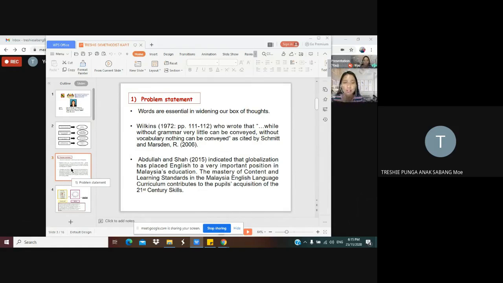Abdullah and Shah indicated that globalization has placed English in a very important position in Malaysian education. The mastery of English contributes to the pupils' acquisition of 21st century learning.